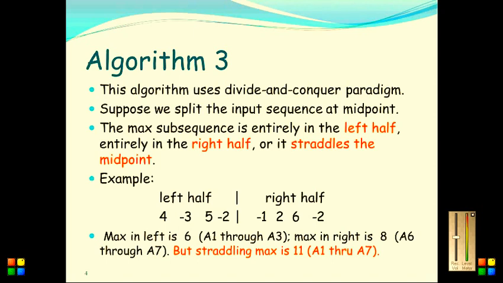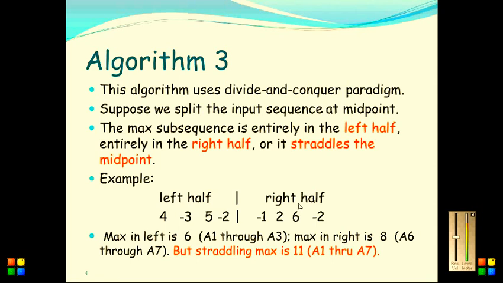However, there is a key observation. A straddling sequence must include the midpoints. So in this example, the straddling sequence must include -2, which is the last integer of the left half, and -1, which is the first integer of the right half. So the straddling sequence is the maximum subsequence which ends with -2 in the left half, and the maximum subsequence which starts with -1 in the right half.